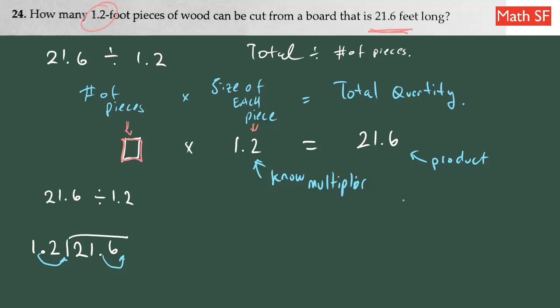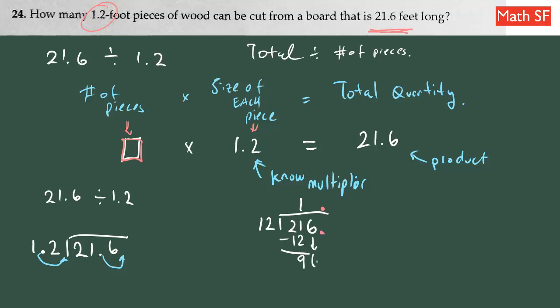Let's feed it in here. 12 divided into 216. And we ask ourselves, 12 goes into 21 how many times? And let's recall that your point is here, so your point should be somewhere here. So 12 goes into 21 once. 1 times 12 is 12. We subtract that. We borrow 1, so that's going to be 9.